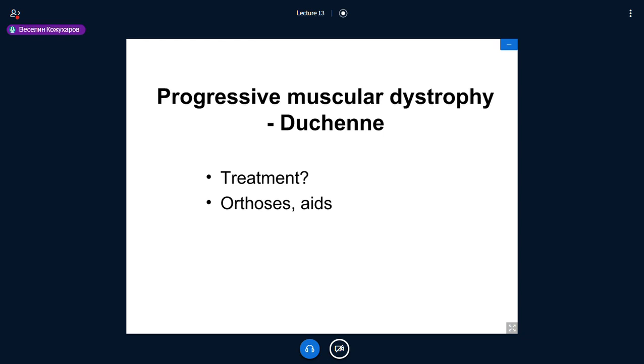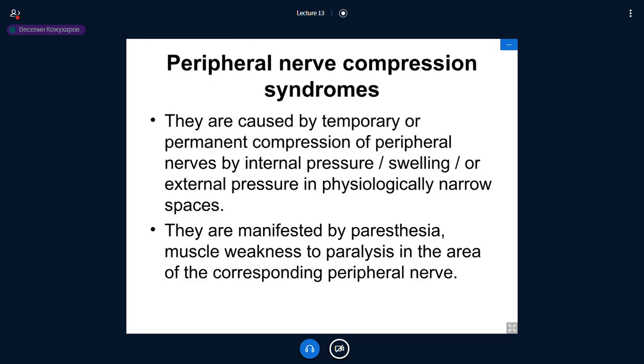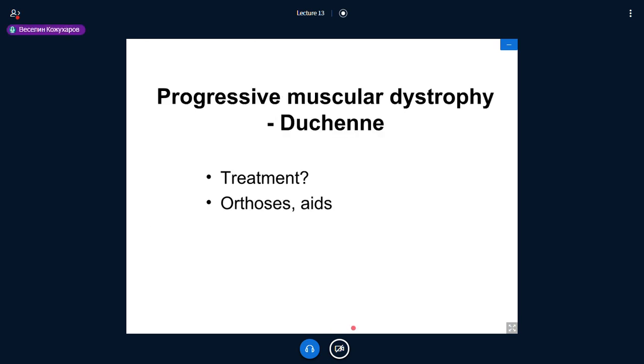Again, all boys are affected in a certain family. It means genetic consultation should be a good idea for parents with a history of Duchenne dystrophy in their families.